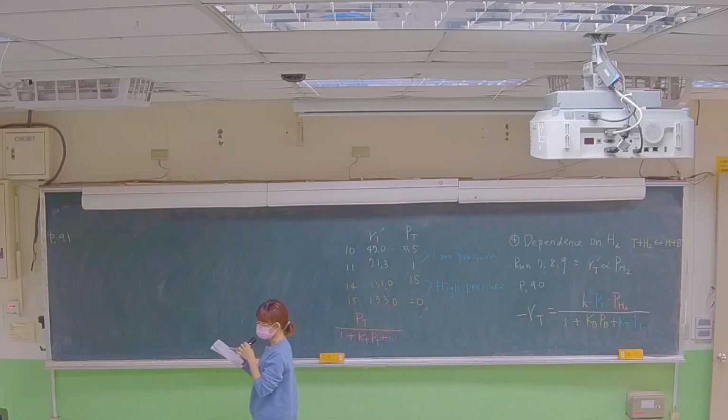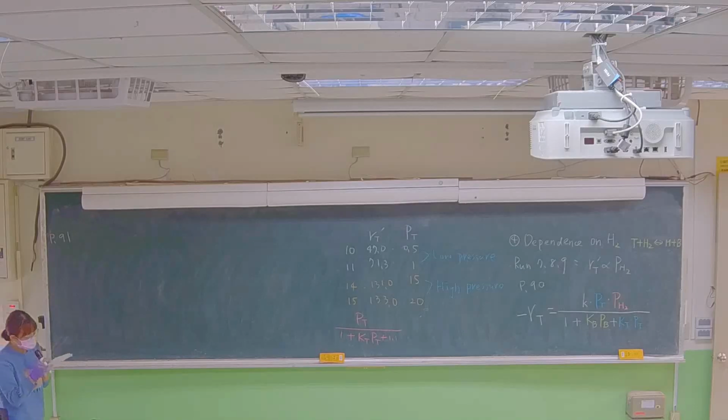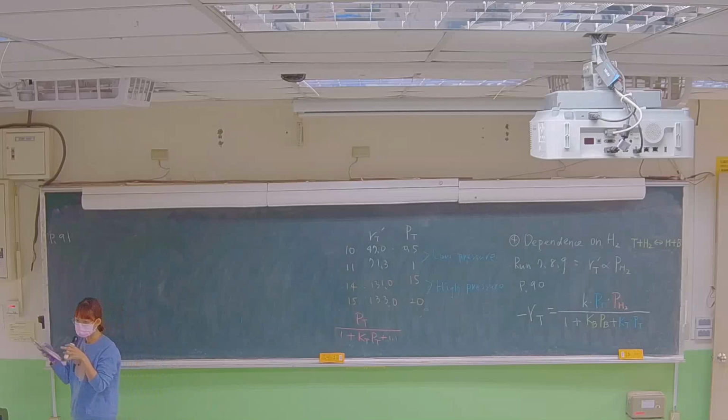Okay, so based on these 3 assumptions, let me write down the mechanism. So that is the mechanism. And also you can see the last one, around 75% of heterogeneous reactions are surface reaction limited. I have mentioned this before.